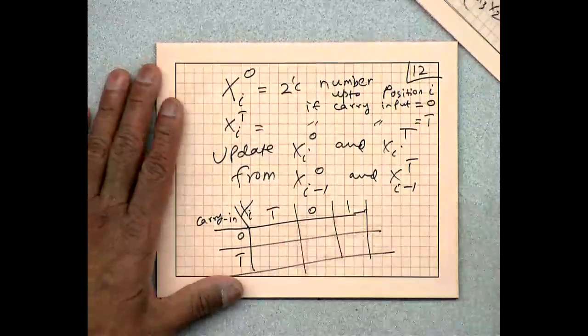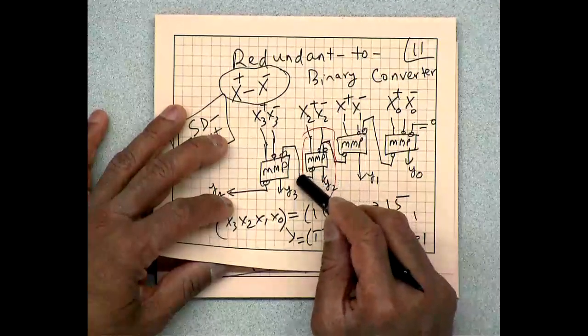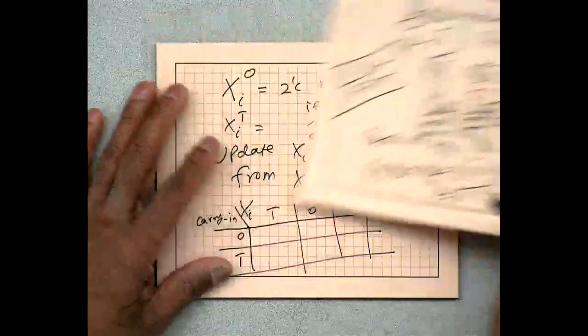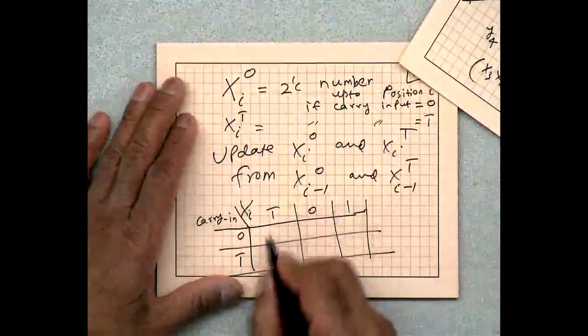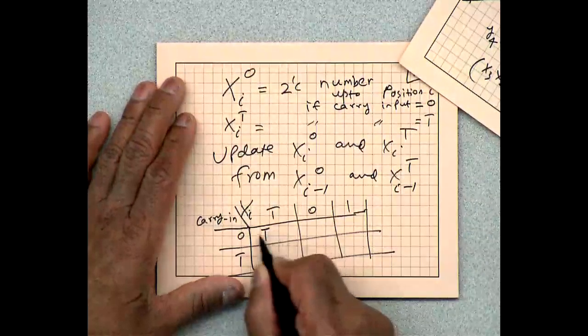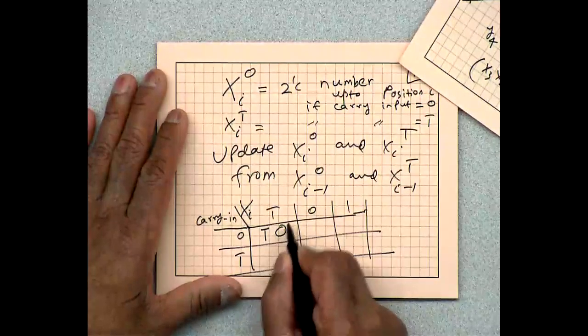How do I represent minus 1? Minus 1 is minus 2 plus 1. So the sum is 1, transfer is also 1. So that's minus 2, which I can call 1 bar, and minus 2 and 1.